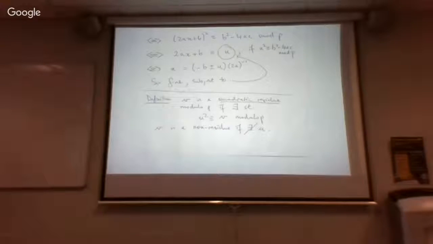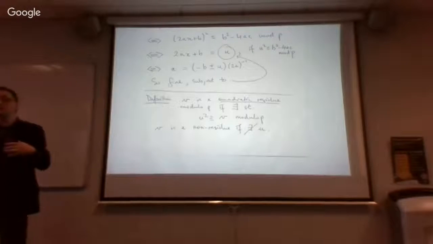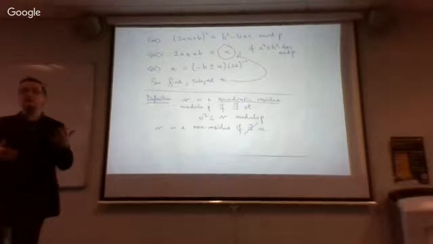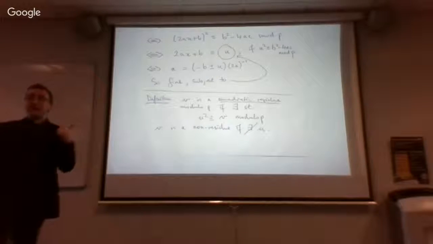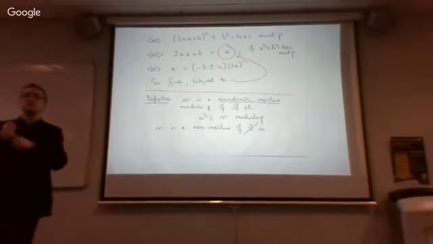Okay? Find out, do square roots modulo a prime always exist? If they do exist, how many of them are there? If we know they exist, can we obtain them efficiently? If somebody gives you a congruence class, can you, A, find out if that congruence class is a quadratic residue, if it has a square root?